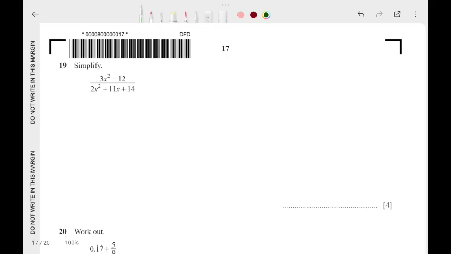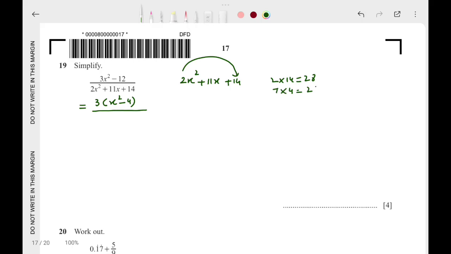Simplify 3x square minus 12. So we'll take 3 common. So it would be x square minus 4, and here we have to break the middle term. So 2 times 14 is equal to 28, and the other possible factor would be 7 into 4 is equal to 28.